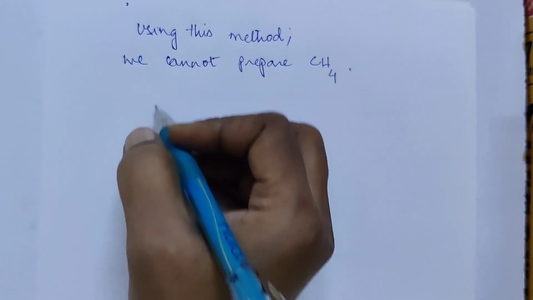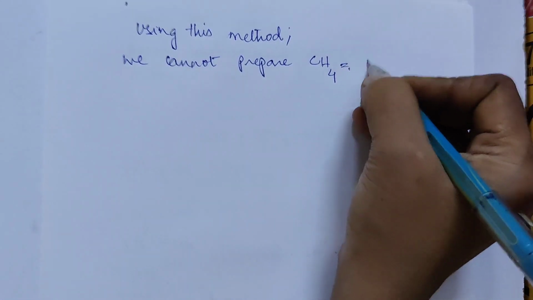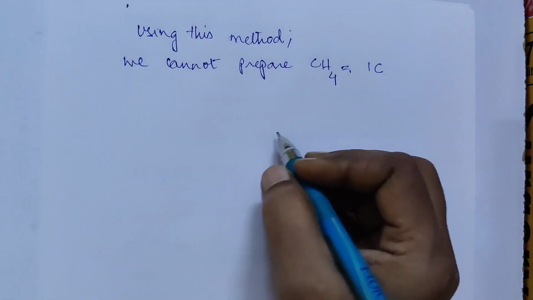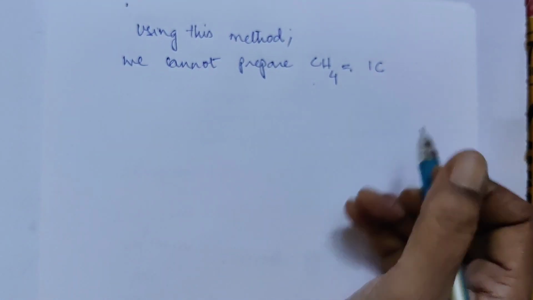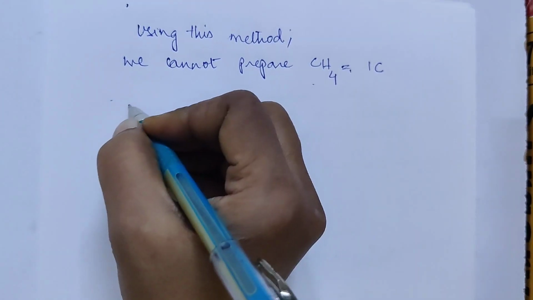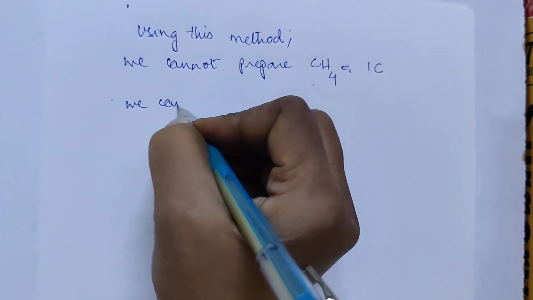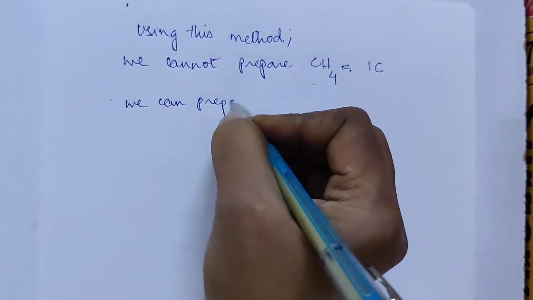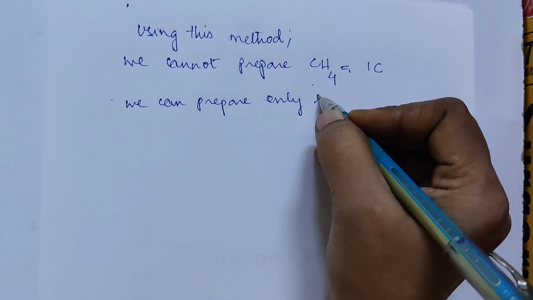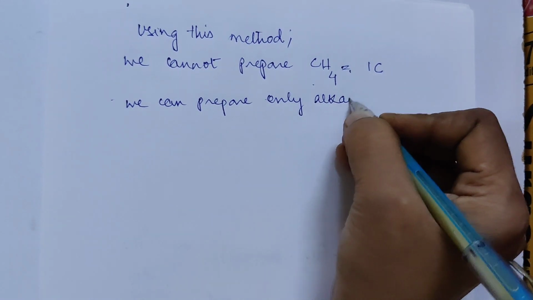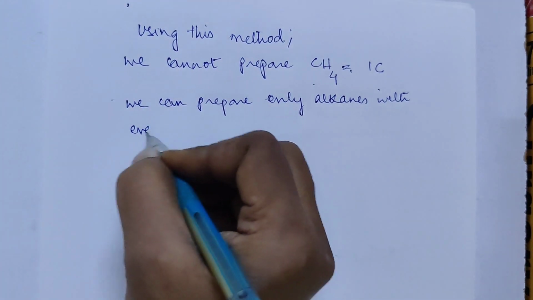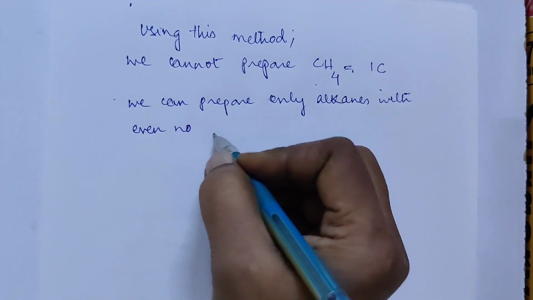You cannot prepare it because methane has only 1 carbon atom, so therefore we cannot prepare methane. The next point to be remembered is that we can prepare only alkanes with an even number of carbon atoms.